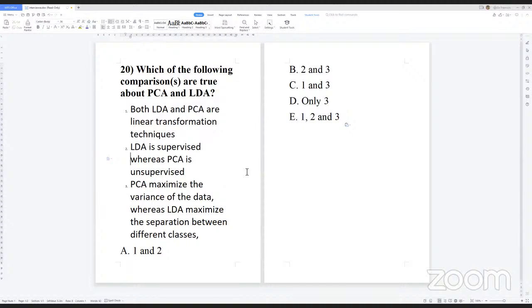Option A, 1 and 2 are true. Option B, 2 and 3. Option C, 1 and 3. Option D, only 3. Option E, 1, 2, and 3. Which would be the answer for this question? Yeah, you're right, Akhila, all are true.